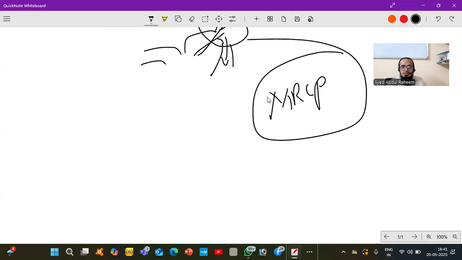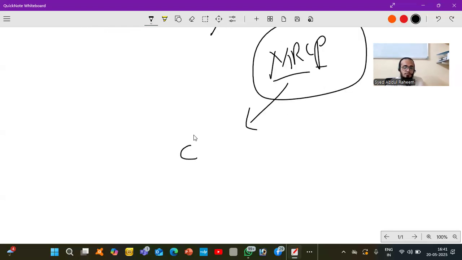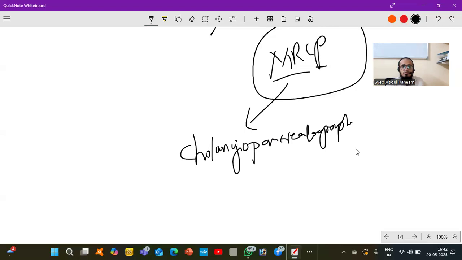MRCP: MR means magnetic resonance, CP means cholangiopancreatography.